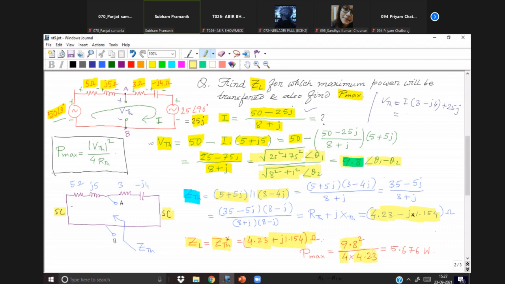Remember 4.23 is the resistive component of the load. So you got 5.676. This is how we apply the maximum power transfer theorem for the type 2 network. Let's now see what happens in type 3.